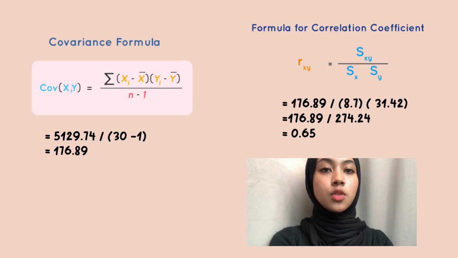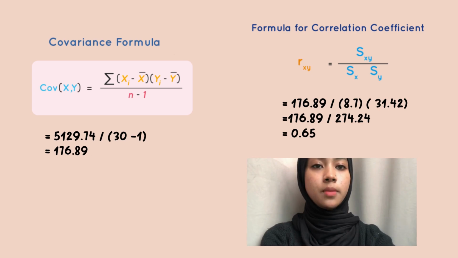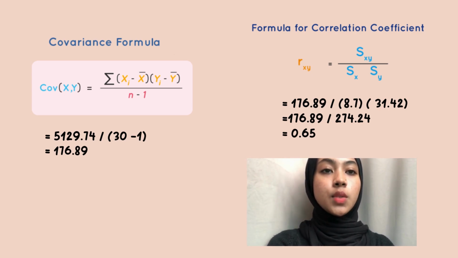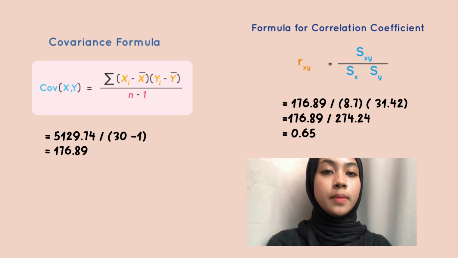This question had two calculations to finalize the answer, which are the sample covariance and the correlation coefficient. Let's start with the covariance. To find the covariance, we use the formula of xi, the e-commerce website, minus the mean, times yi, the number of visits, divided by n minus 1.